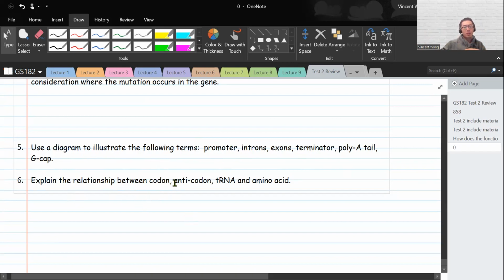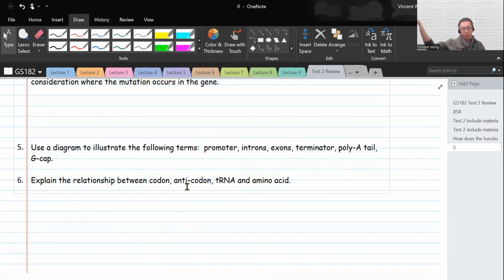Know the relationship between the codon, anticodon, tRNA, and amino acid. The codon is the AUG, UGG stuff; that's the one we look up on the codon chart. The anticodon is the one on the tRNA, the transfer RNA, which will be complementary to the codon and bring in the correct amino acid. Yeah, go ahead, Tammy.